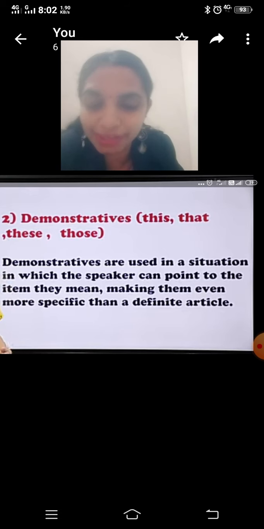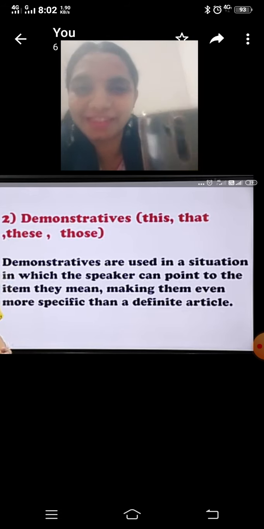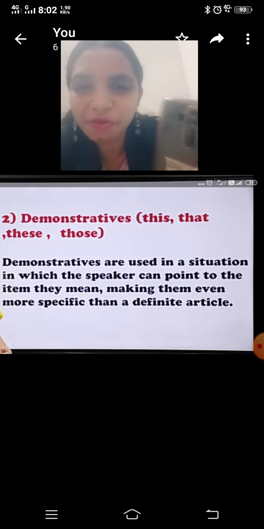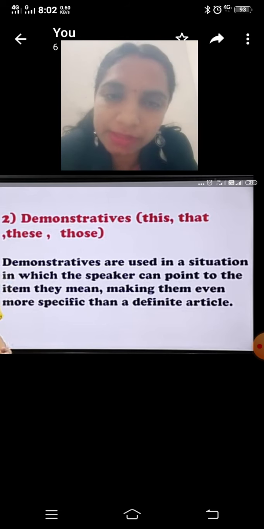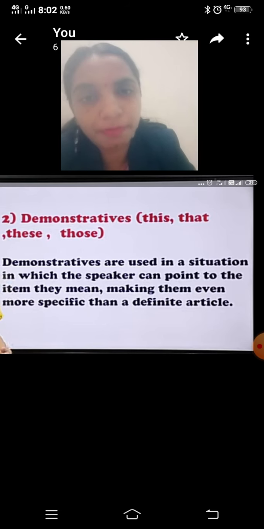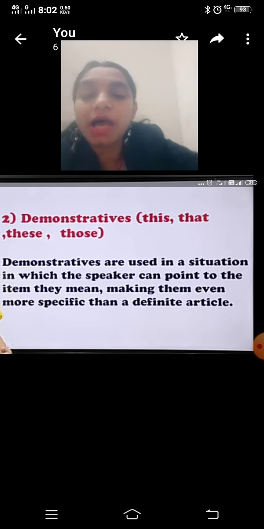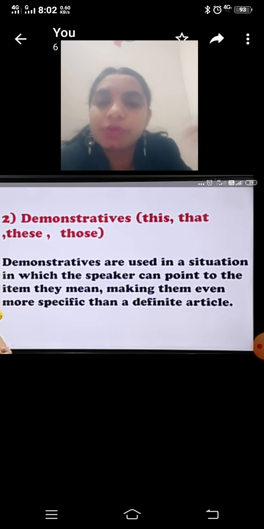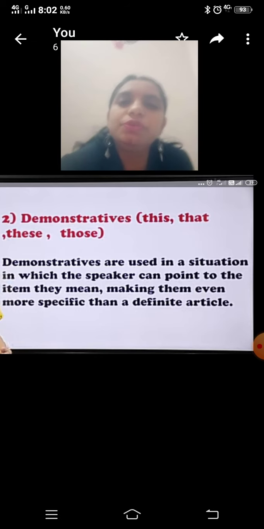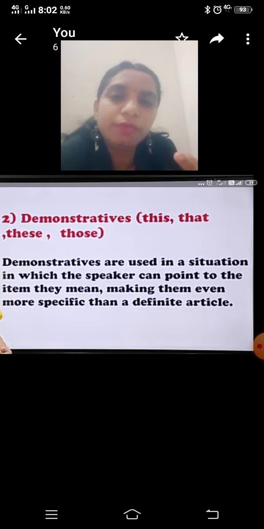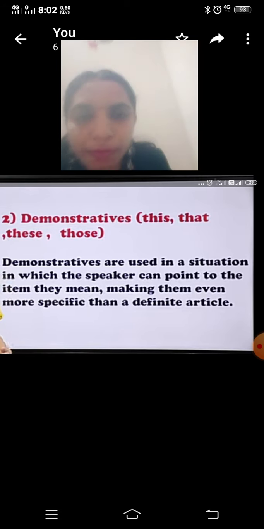If I have two mobiles in my hand, I can say these are mobiles. And when I am speaking about far away things, about many trees, those are trees. So for the plural which is closer to you, we are using these. The plural which is far away from you, we are using those, to point out.